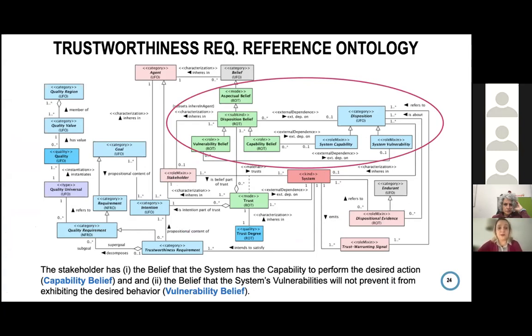The stakeholder has a belief related to the capability of the system and a belief related to the vulnerabilities of that system, right? So the belief that the system has the capability to perform the desired action, the capability belief, and the belief that the system's vulnerabilities will not prevent it from exhibiting the desired behavior.